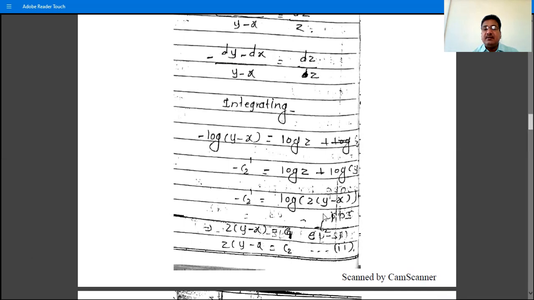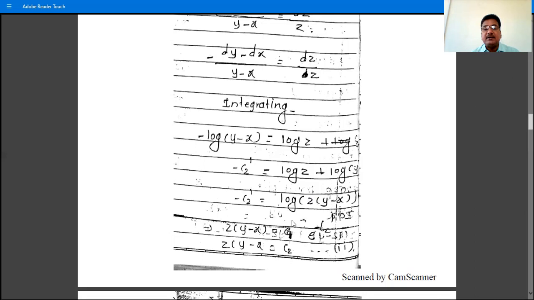Then z into y minus x is, suppose, e raised to minus c2 dash, because if log a is b, then a is what? e raised to b. So if we shift the log, then its reciprocal is the exponential function.